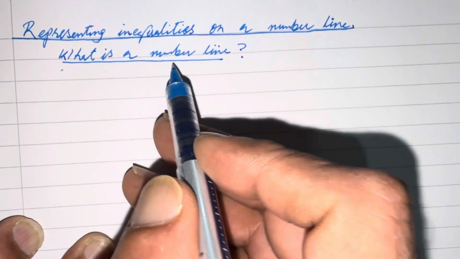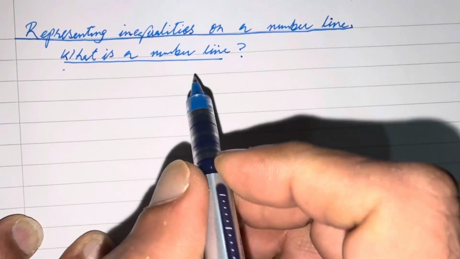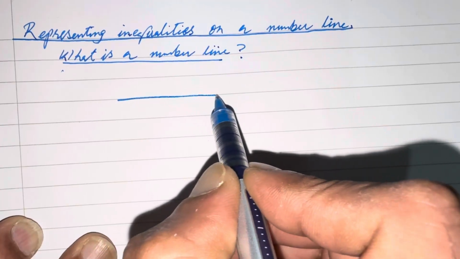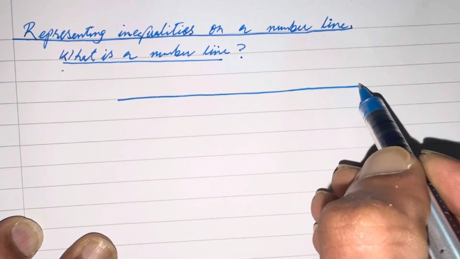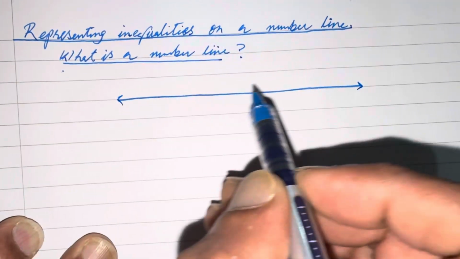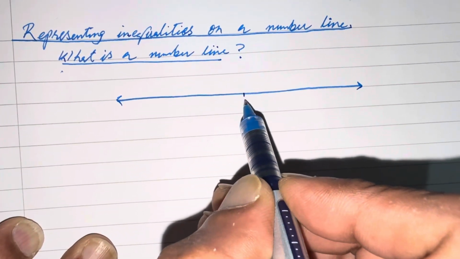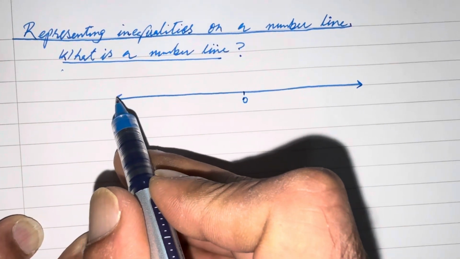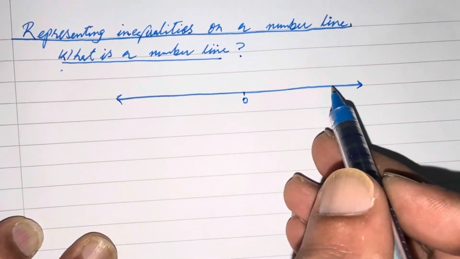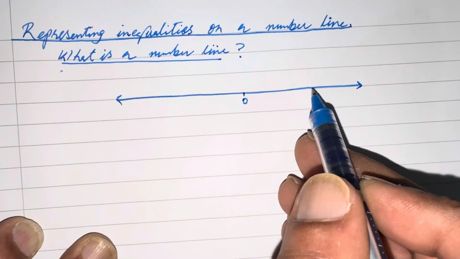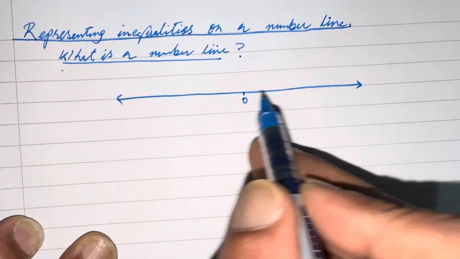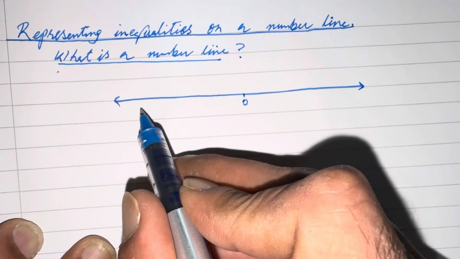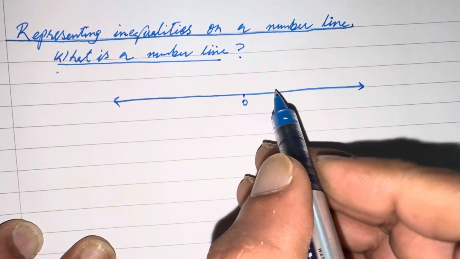A number line is a kind of straight line. I'm going to draw a straight line over there. That's the straight line, and that's the origin, or you can say the midpoint of the number line. A number line is a straight line on which the numbers are always placed at equal intervals.